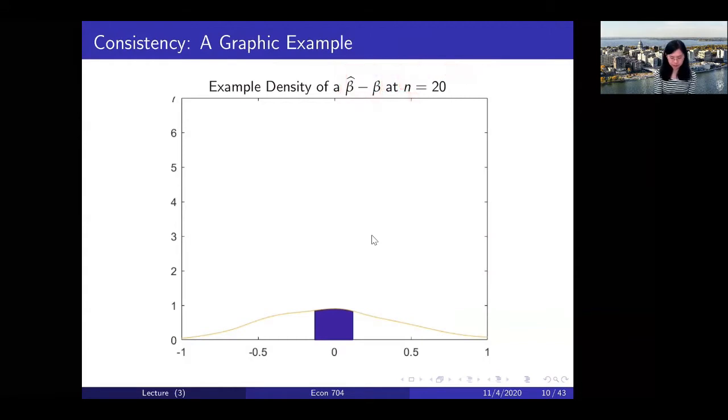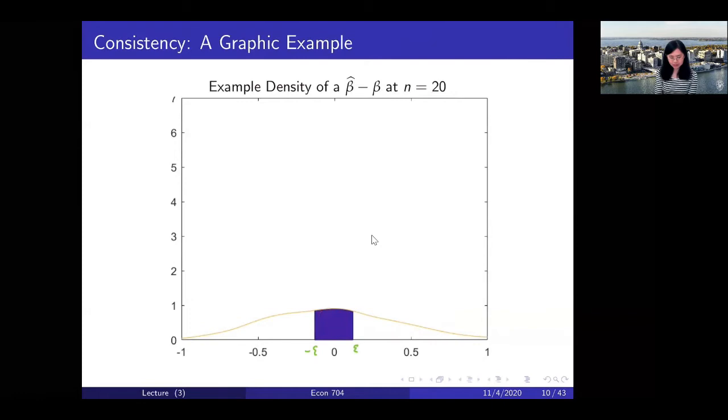So this is the probability density of this estimation error at a relatively small n equals 20. And let's say this is your small interval that you choose to evaluate it at. So that's minus epsilon, plus epsilon. Then at this smaller sample size, there is pretty big probability that the estimation error is beyond epsilon. Right? The probability that it's within epsilon is relatively small. It's relatively far from being 1.